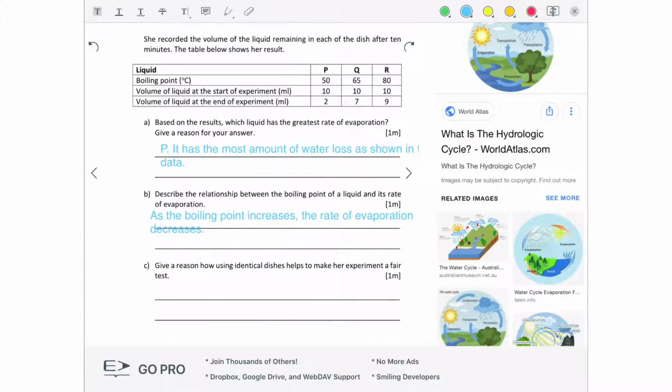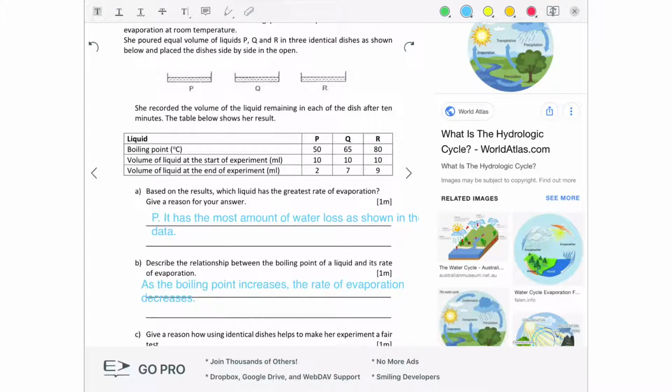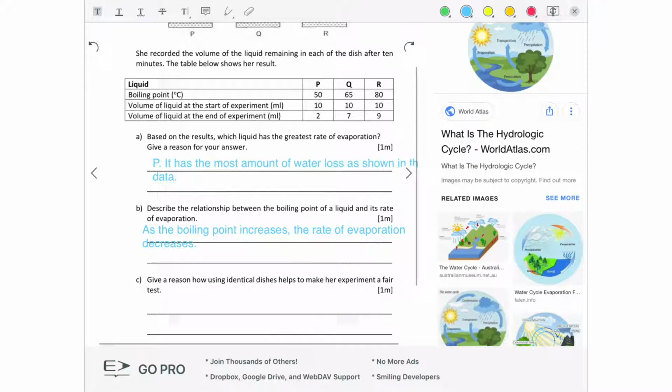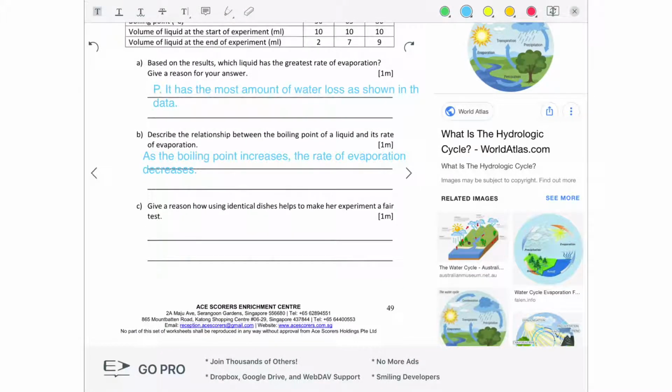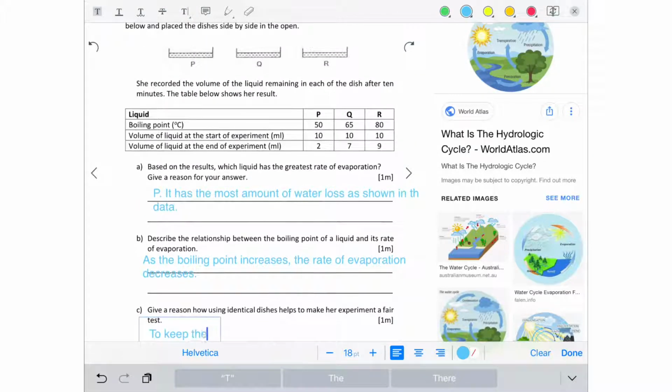How does using identical dishes help to make an experiment a fair test? Why must we use the same size? To keep the exposed surface area the very same. Good.